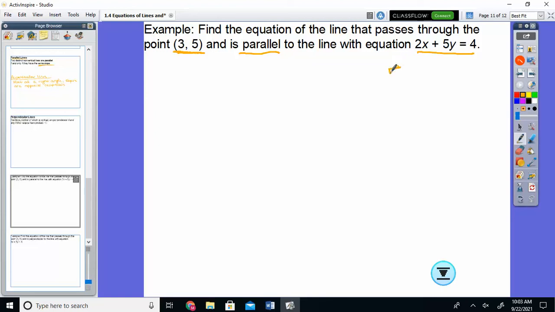Right, we have to solve for the y. If I subtract my 2x, divide everything by 5, so we get y equals negative 2/5 x plus 4/5. I stick with fractions rather than going to decimals. Just for graphing purposes, it's easier.